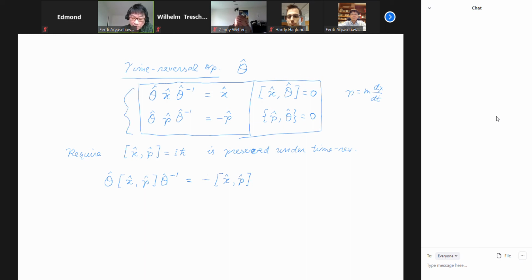From this definition, because x does not change sign, but p changes sign. Yes, and that's why we have minus here.